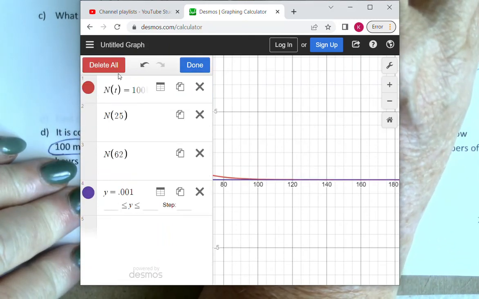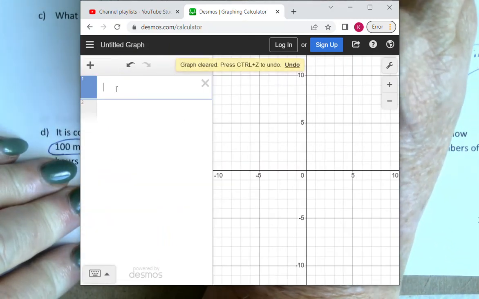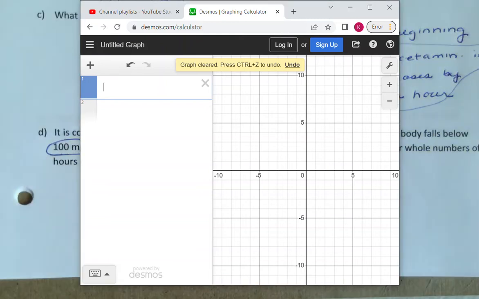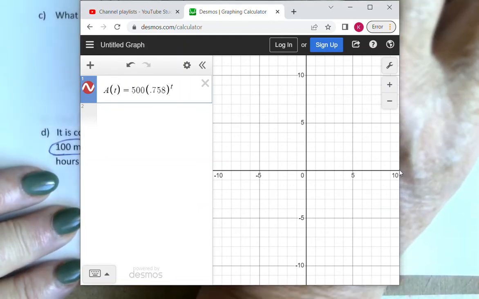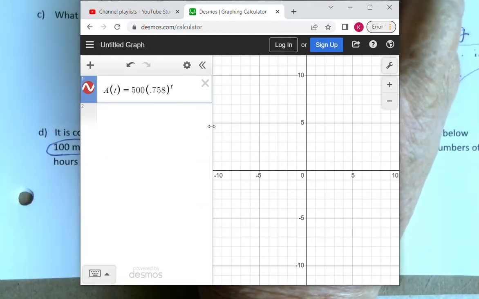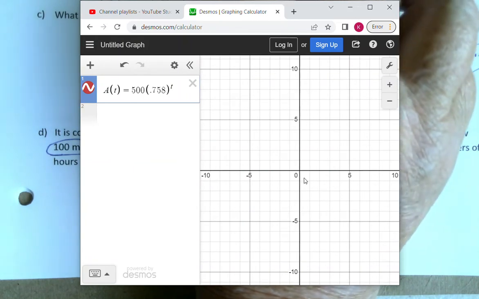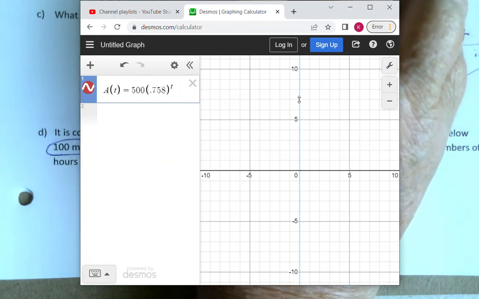So let's see here. A of t was 500 times 0.758 to the t power. And again, we're going to need significantly larger values than this.